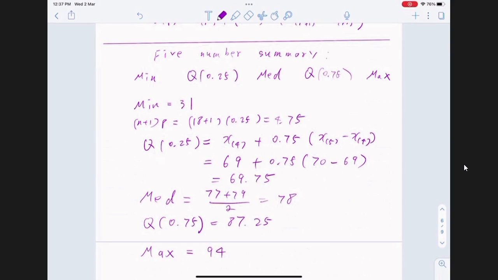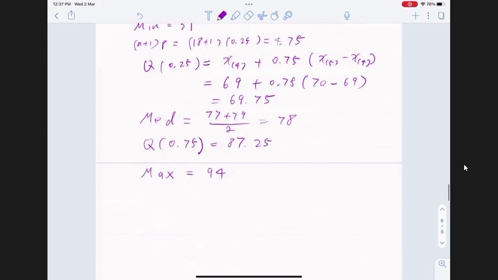Now I would like to say a few words about the meaning of these 5 numbers. After we computed these 5 numbers, we can report them to other people. So the 5 number summary is 31, 69.75, 78, 87.25, and 94.